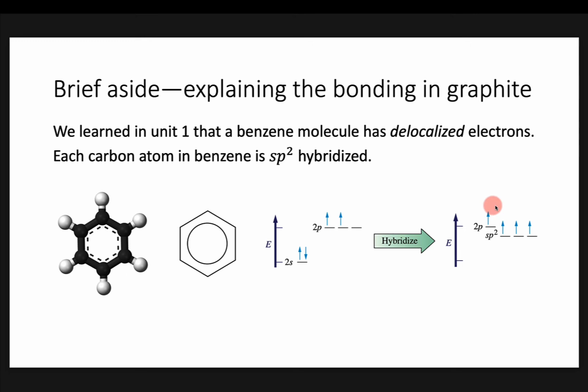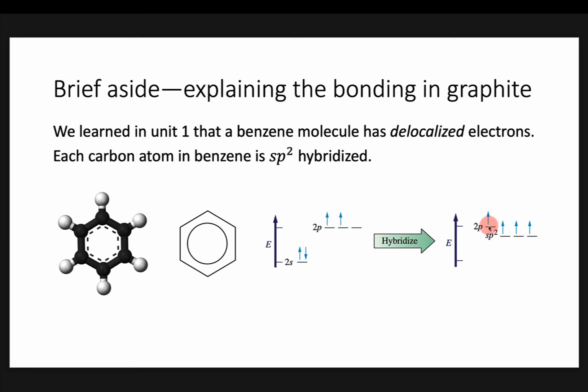So this is what sp2 hybridization looks like. Here we have an isolated carbon atom that has not hybridized. And then here it's made some sp2 hybrid orbitals. So these sp2 hybrid orbitals are made by hybridizing 1 s orbital and 2 p orbitals.